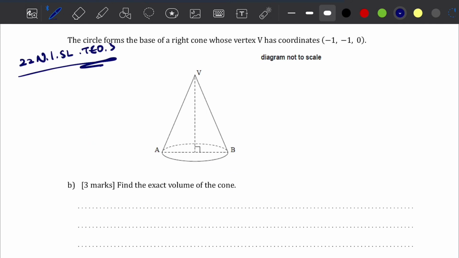Okay, then let's continue with the next part of the question. So now the circle forms the base of the right cone, whose vertex V has coordinates of -1, -1, 0. So the vertex has the coordinates of -1, -1, 0.